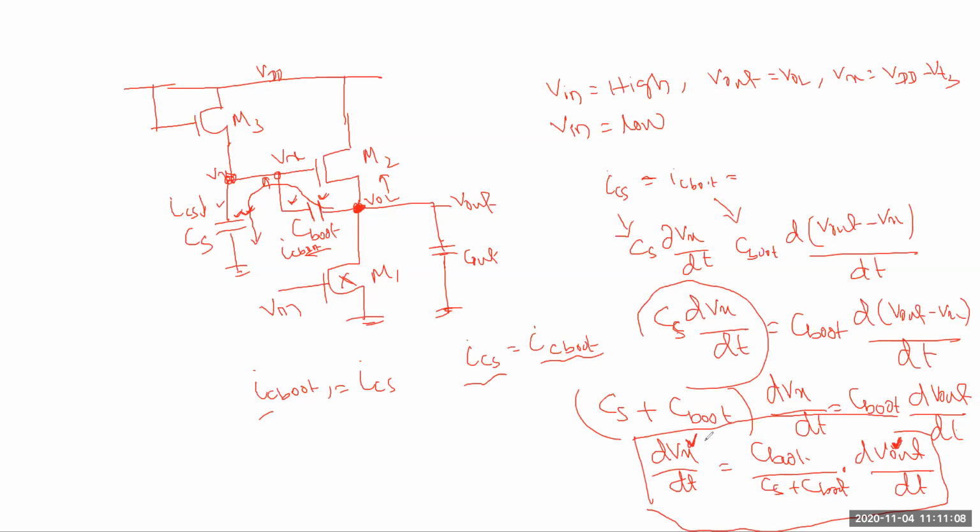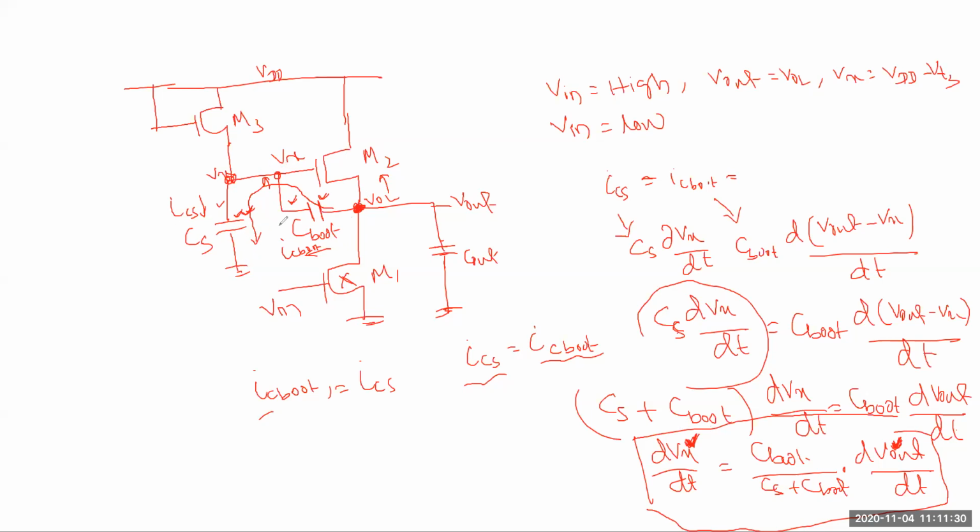Yes or no? So there is a proportional change. If V out increases, then definitely Vx will increase. Okay, but as I have said, if this voltage increases, since a current is flowing, that voltage will increase.